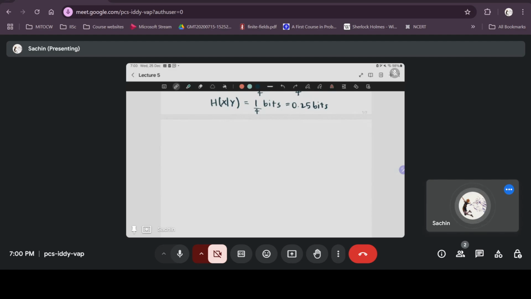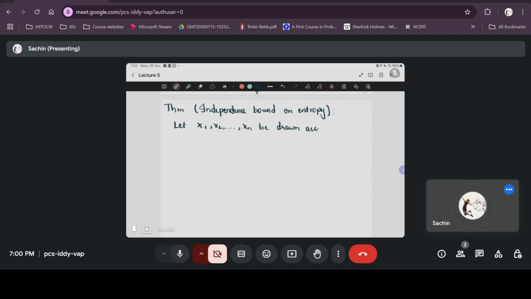Using this, we can derive another theorem, which is called the independence bound on entropy, which says: let x1, x2, up to xn be random variables drawn according to a probability distribution p of x1, x2, up to xn.